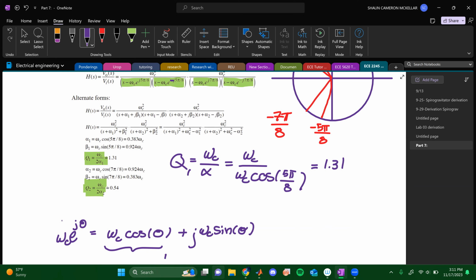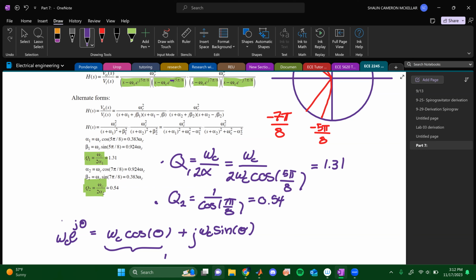And sorry, this should be 1 over 2 alpha, so there should be a 2 in the denominator. So for Q2, we get the same thing. Instead, though, we have Q2 is equal to 1 over the cosine of 7 pi 8, which is equal to 0.54. So those are the two Q values.